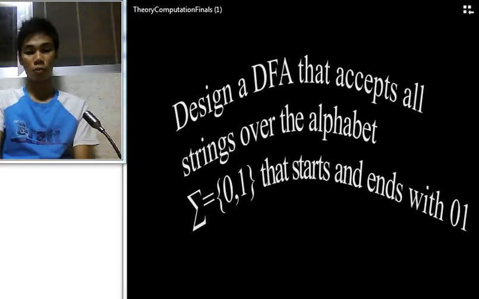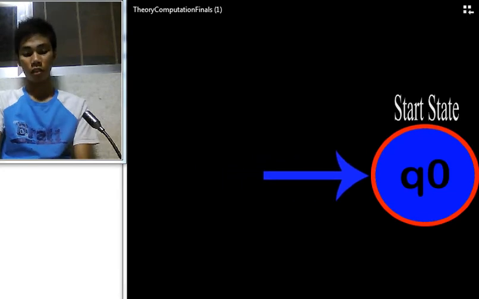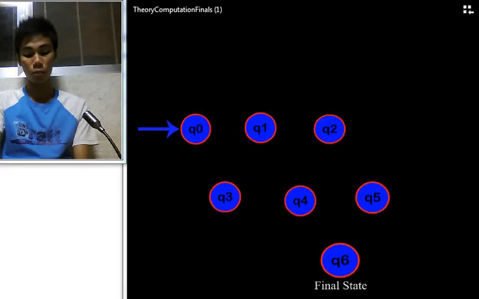First, our start state Q0. State Q0. In this state, the transition arrow with alphabet of 0 should pass to Q1.